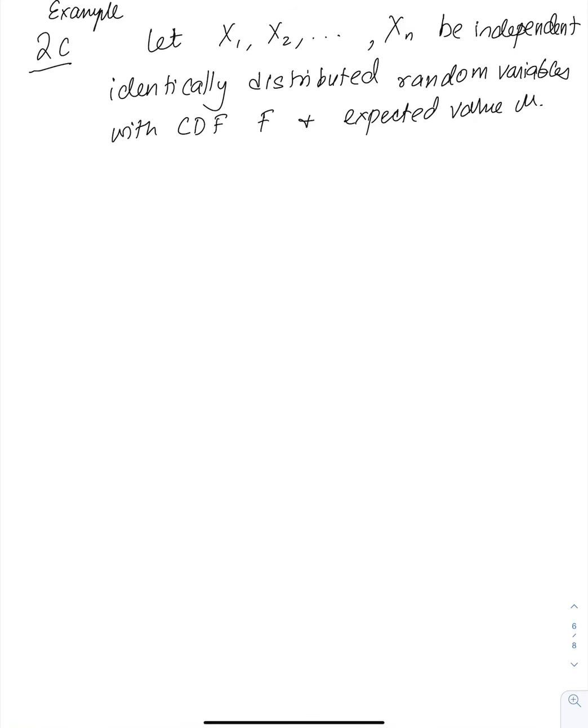All right? So what you have is you look at the quantity x bar, which is the sum, i going from 1 to n, of these Xi's over n.